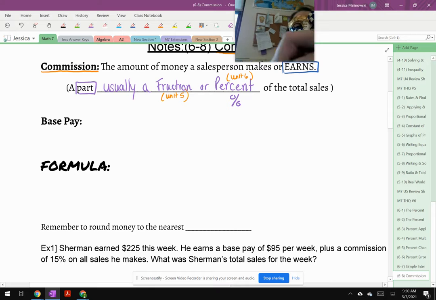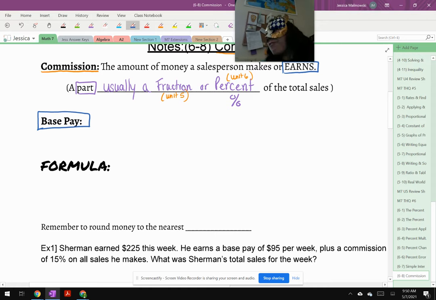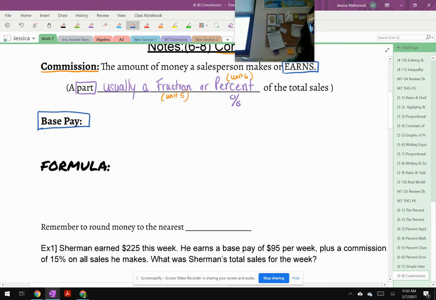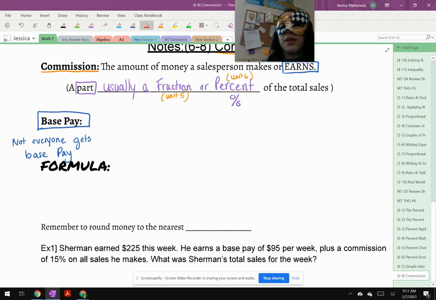Now, there's this new thing which I don't recall if we talked about or not, but this is your base pay. Not everyone gets a base pay. Base pay is something that you get regardless of the sales that you make. So that would be like earning $100 per week no matter if you sold 5 houses or no houses.